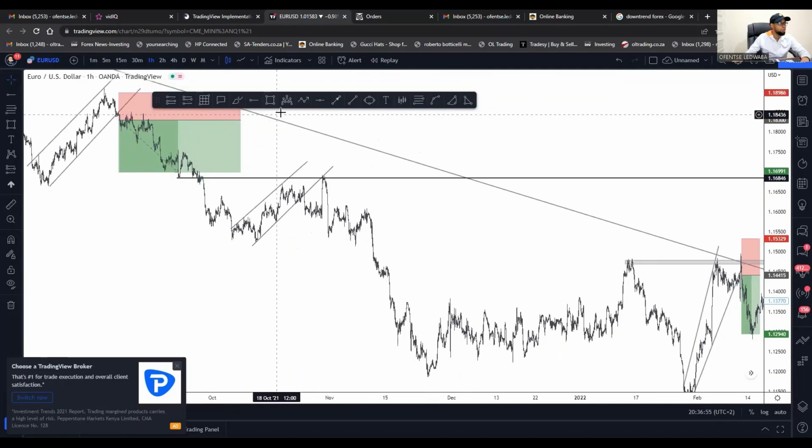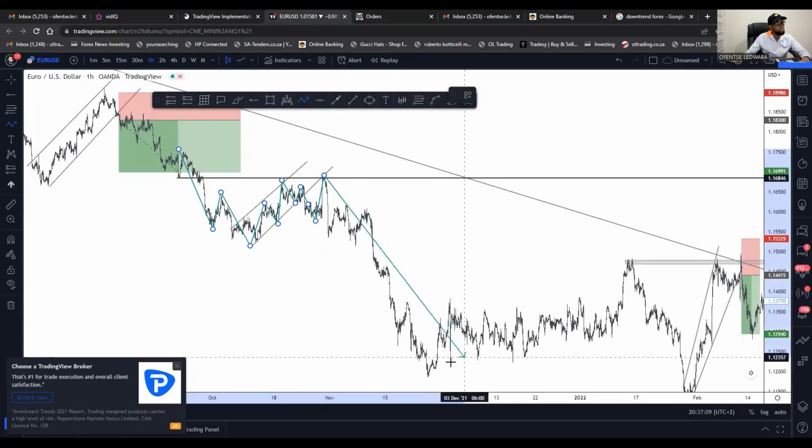You can see here what we have. We have this movement coming here, and it came here and came here. Now it's correcting. You can see, then it breaks here, then it has boom.